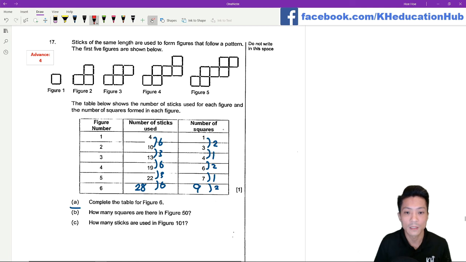Okay, let us take a look at the pattern for the number of squares. If you look at the jump from here to here, right, it's always a 3.